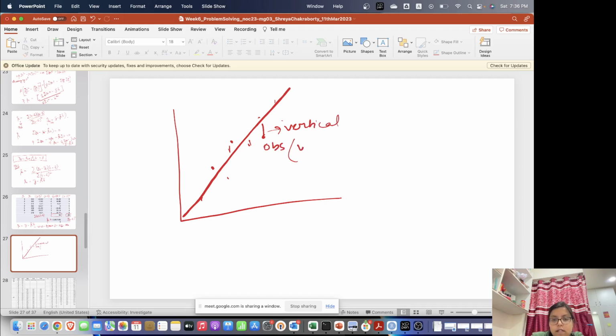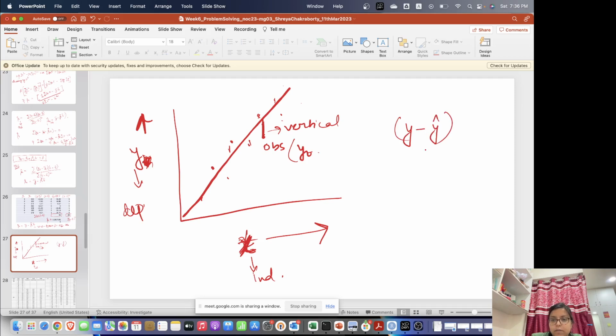This is my observed yt, and this is t along this axis, this is yt along this axis. Instead of t, now we can also write it as x, where x is my independent variable and y is the dependent variable. So what we are essentially doing from the scatter plot, this area is y minus y predicted. This is observed y, this is the predicted y.